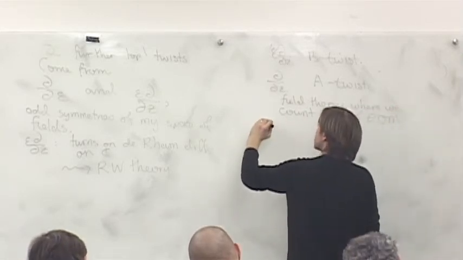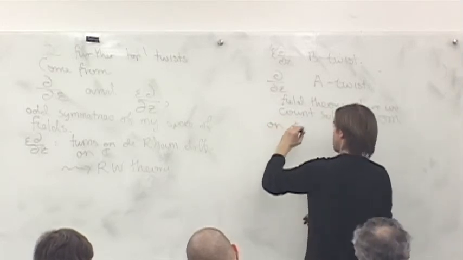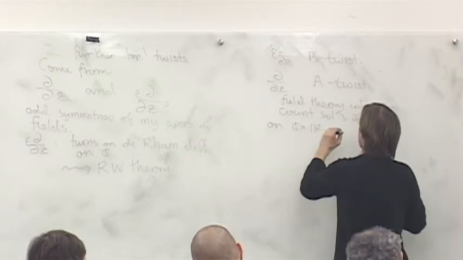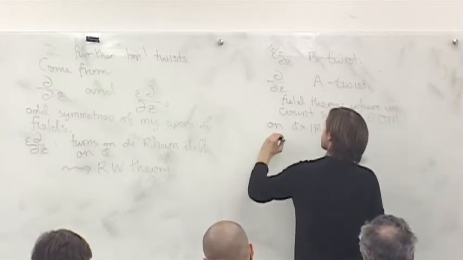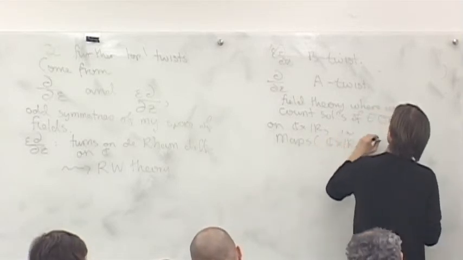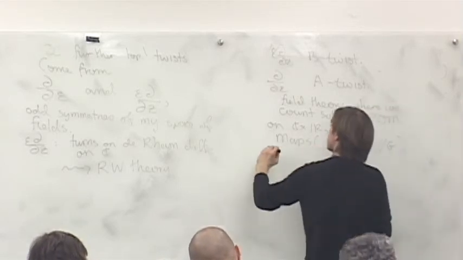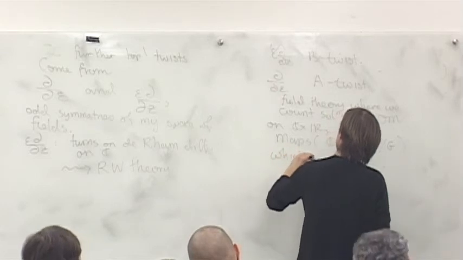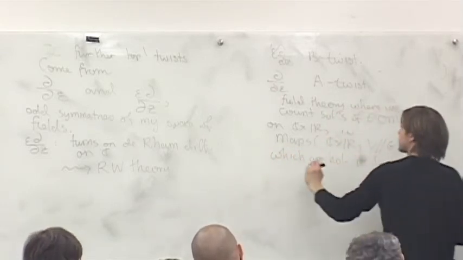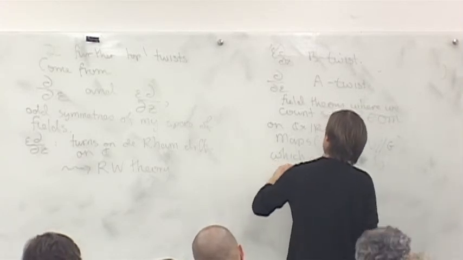And the equations of motion, say on C cross R, are essentially maps from C cross R into my quotient, which are holomorphic in C and constant in R.